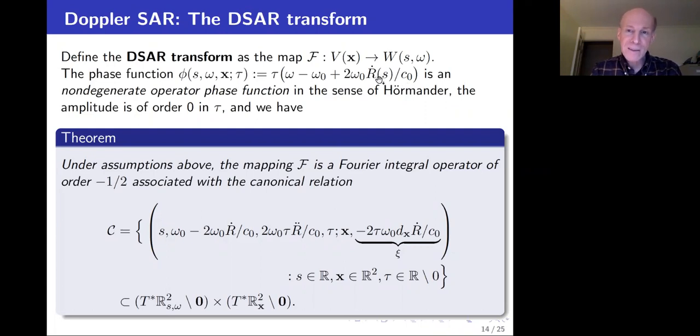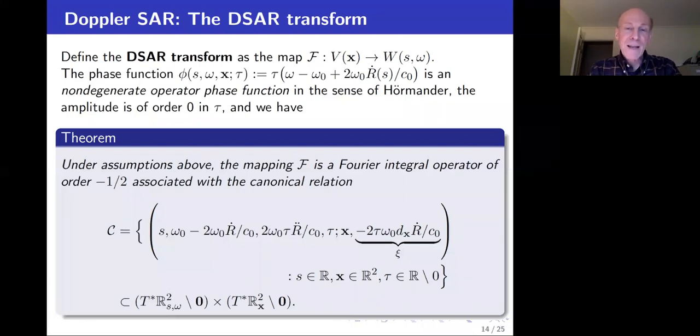And notice, of course, as I said, R really has an x dependence that we have suppressed to keep the formula smaller. So this phase function here certainly does depend on x as well as s and omega. And here R dot is the time rate of change of the range function.